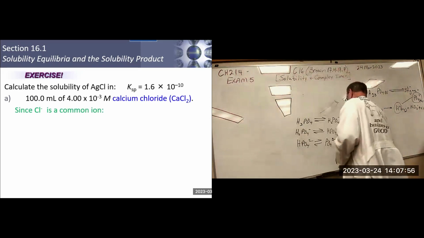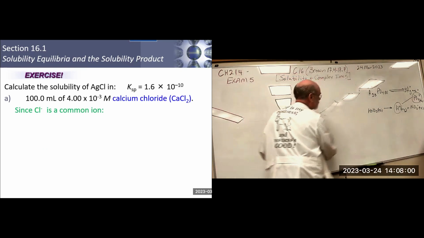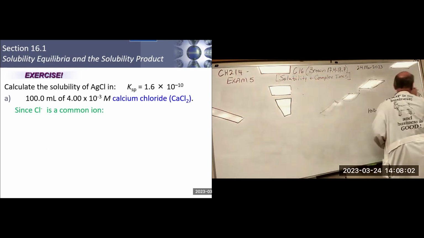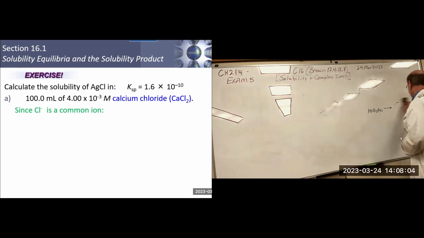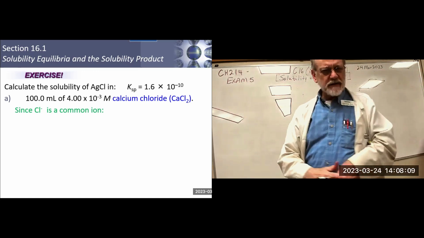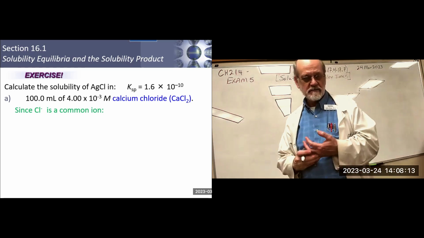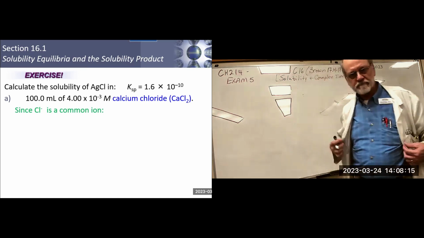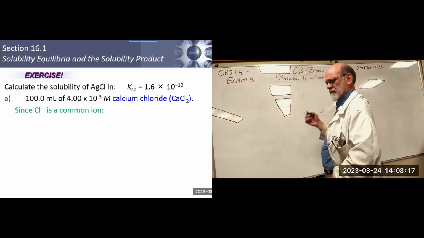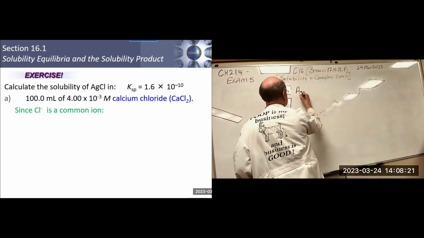All right. So let's make room for some more stuff. Calculate the solubility of silver chloride in these various solutions. All right. So silver chloride, let's just put it up here again for reference.